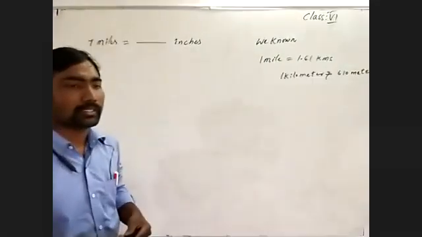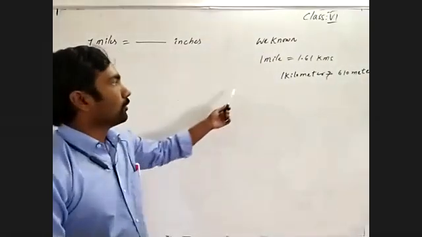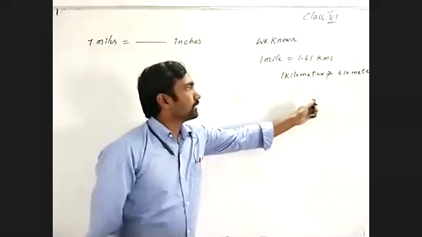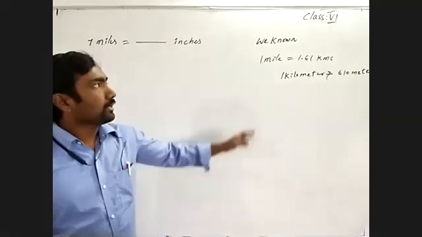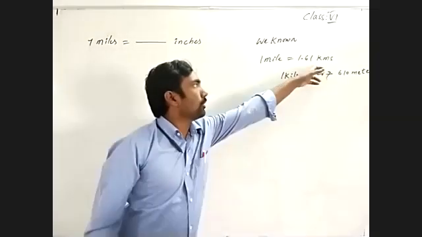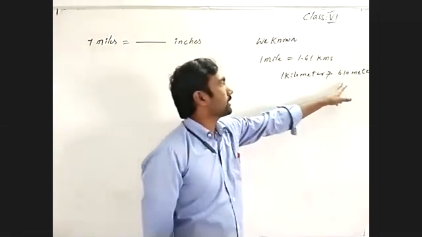See here, 1 mile is equal to 1.61 kilometers, meaning 1 kilometer and 610 meters.